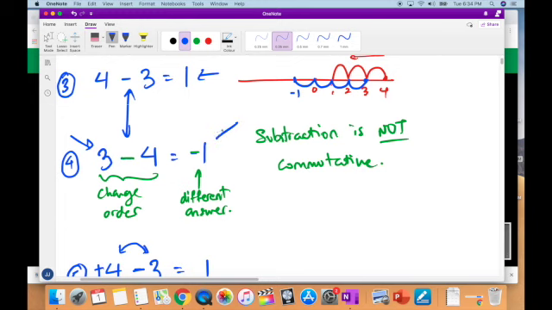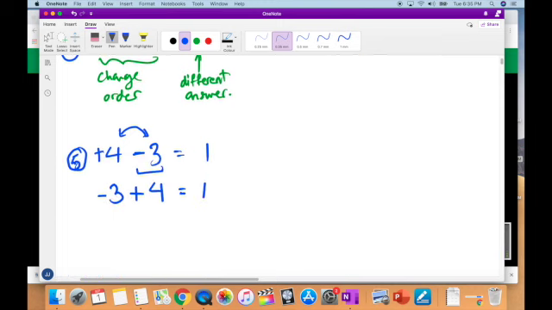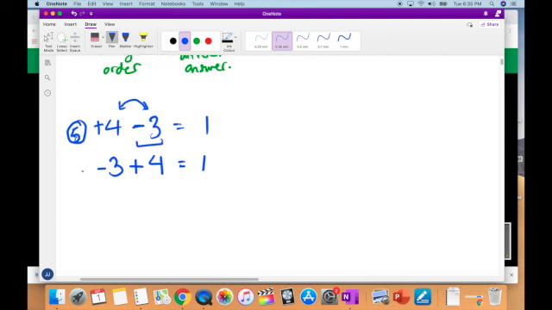This is a whole different question from this. In this question, the 4 is positive. In this question, the 4 is negative. So it's a whole different question. It's not like we changed the order. No, look, we changed the order over here. The 3 remains negative, the 4 remains positive. And so addition is commutative.